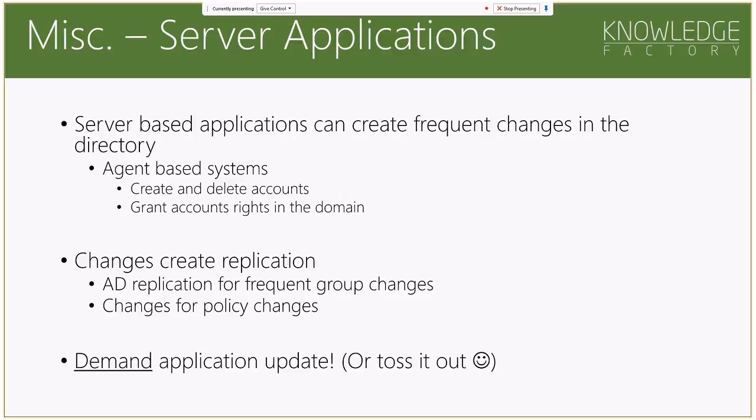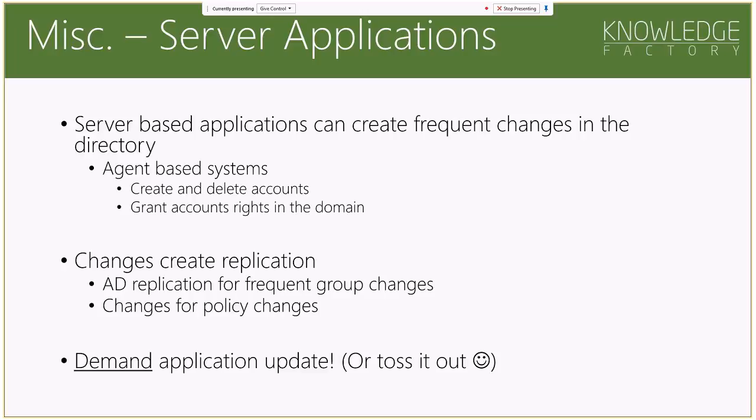And continuing on server applications. Another thing is some monitoring software is actually creating changes in the directory by agents. There is monitoring software that actually creates and deletes accounts and grants account rights in the domain to see if AD is up and running. There are better ways to do that.